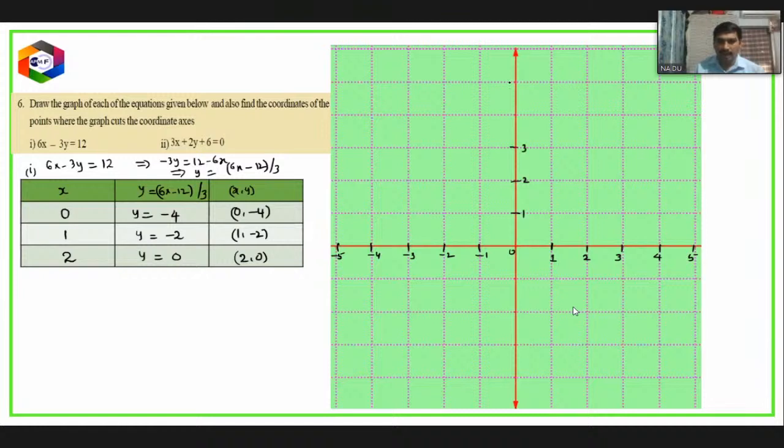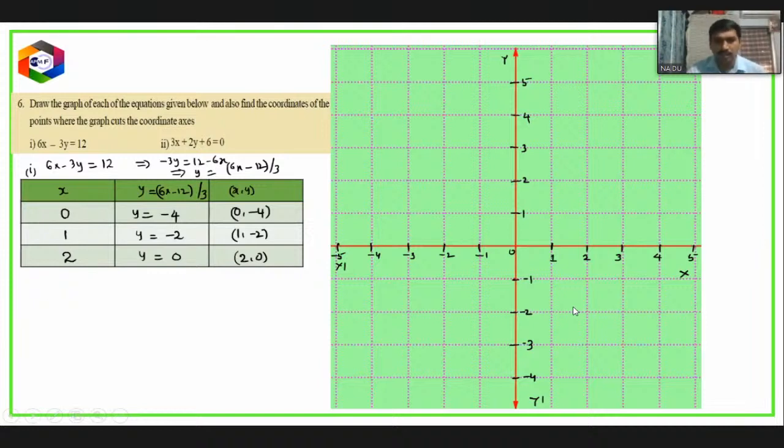This is 5. And the negative direction of the y-axis minus 1, minus 2, minus 3, minus 4. This is y dash and this is y. And this is x and this is x dash. And scale is 1 centimeter, 1 unit only. Let us plot the points here first of all. We will plot at a time.